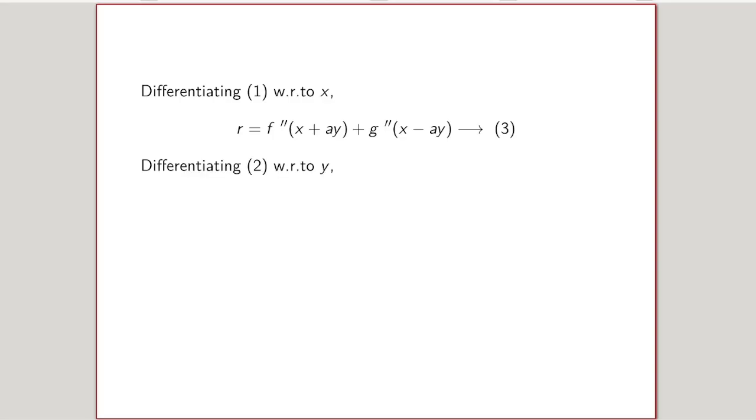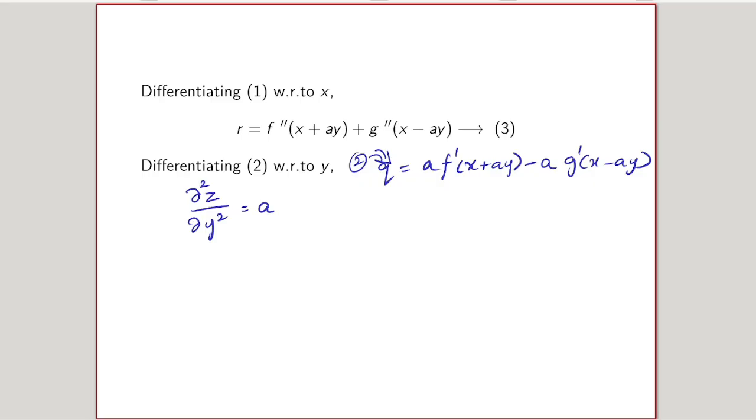And differentiating equation 2. Equation 2 is nothing but q is equal to a into f dash of x plus ay minus a into g dash of x minus ay. Now differentiating this equation 2 with respect to y, we will be getting dou square z divided by dou y square. Already one a is there. f dash, if we differentiate it again, we'll get f double dash of x plus ay. Now differentiating with respect to y, we'll get one more a outside, minus a into g double dash of x minus ay, this is into minus a.